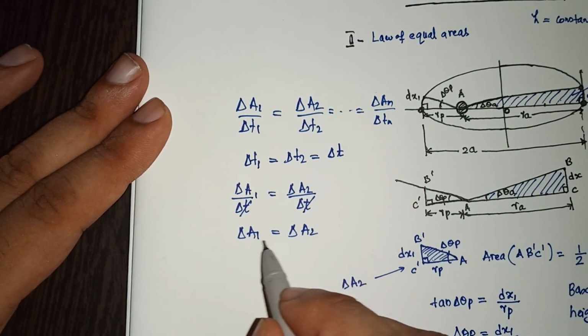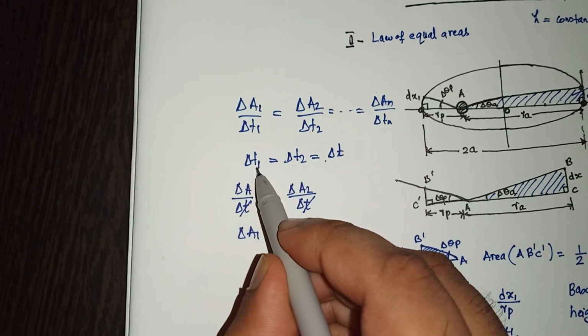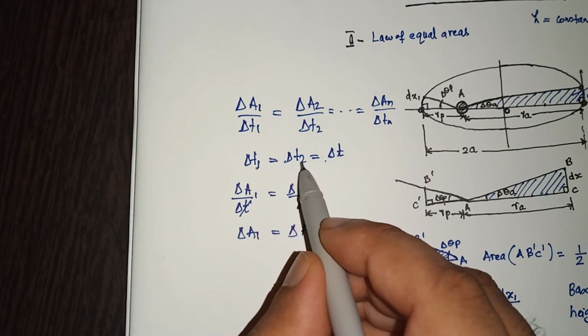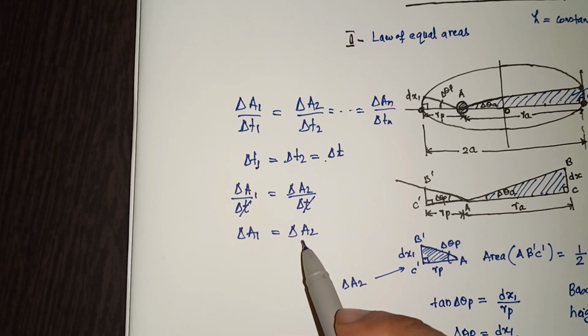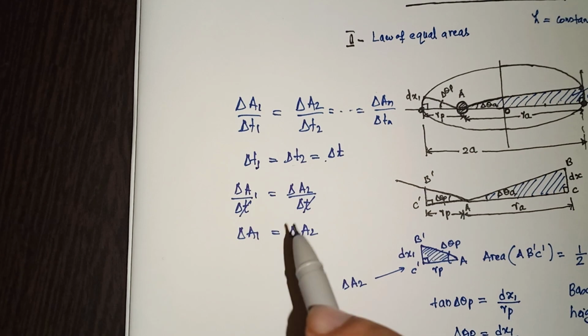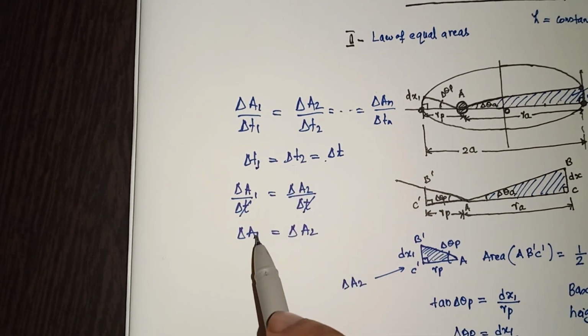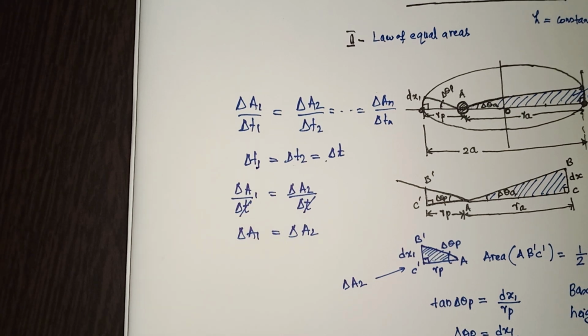That means your planet sweeps equal areas in equal intervals of time. If delta t1 is equal to delta t2, that means equal interval of time, then delta a1 is equal to delta a2. That means a planet sweeps equal areas in equal time intervals. That is what we are trying to convey.